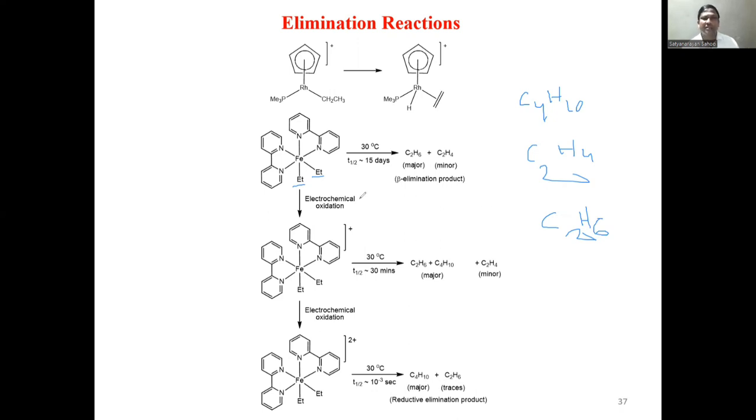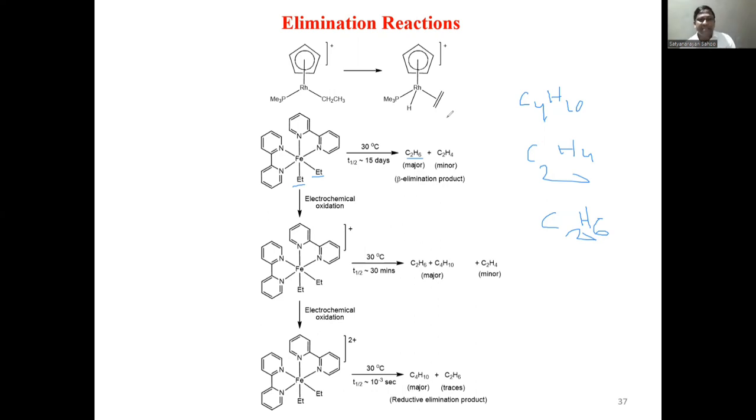Now the beta hydrogen elimination, the products are either, let us say, you can have this MH bond, and now this C2H6 is forming. That means one of the ethyl and hydrogen are gone, and C2H4 the alkene is gone, and you can have a metal hydrogen and metal alkyl complex.